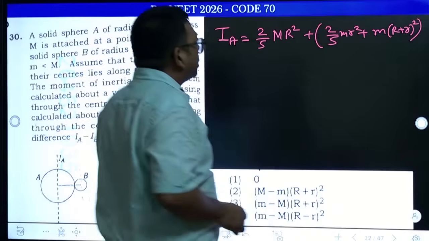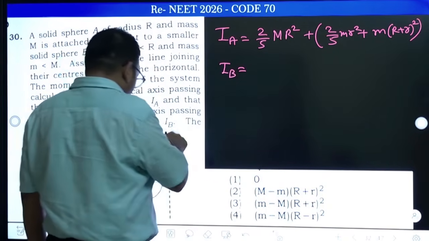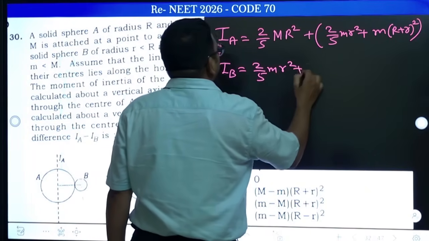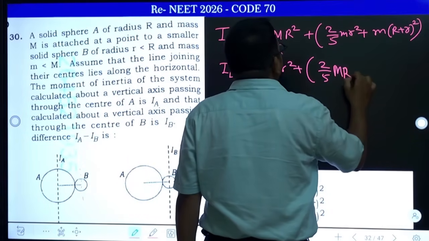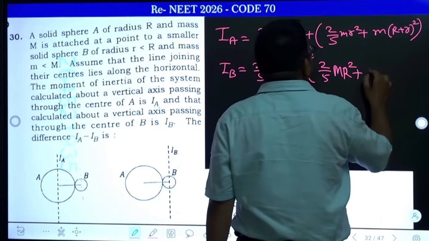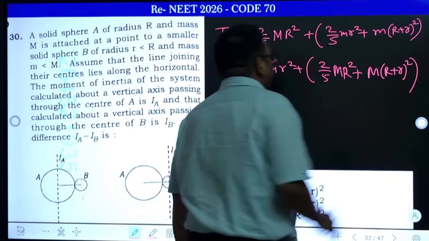This is what you will get. Similarly, IB: 2 by 5 small m r square plus 2 by 5 capital M R square plus capital M times R plus r whole square.